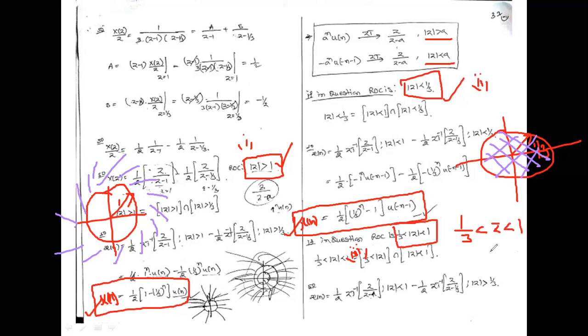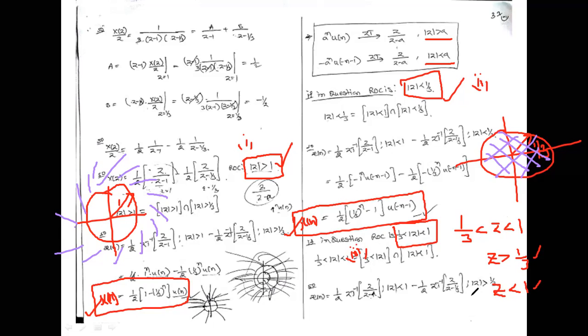So what are the two functions here? Z is greater than 1 by 3 as one ROC, and z is less than 1. Okay. By using these two functions, the range is 1 by 3 less than z less than 1.